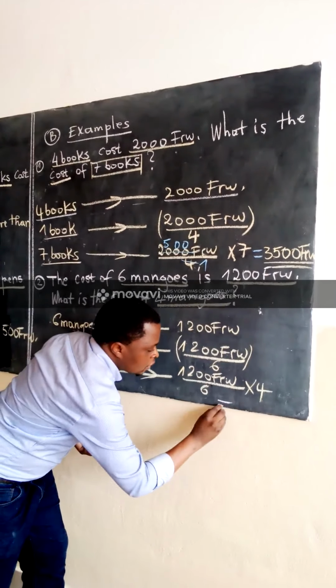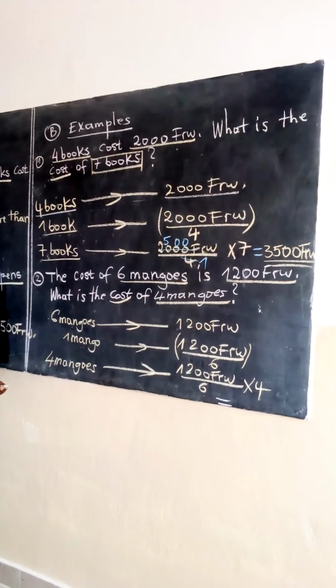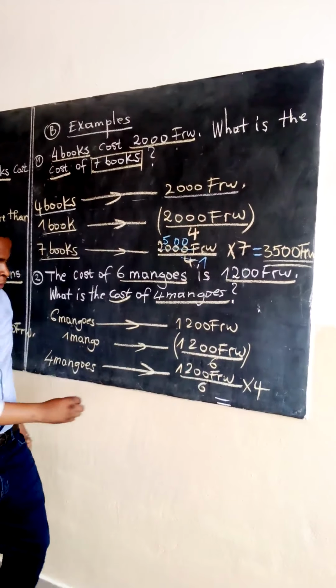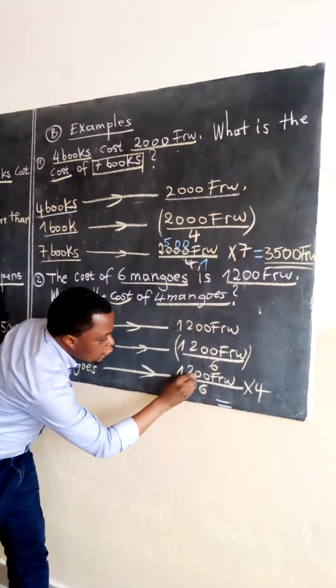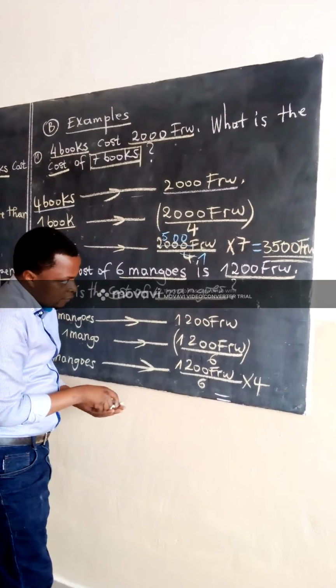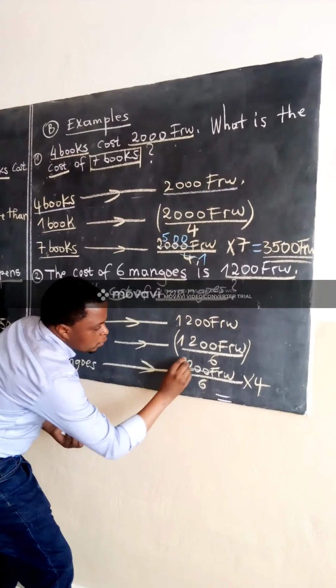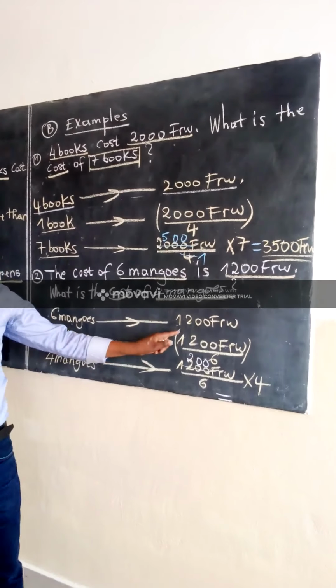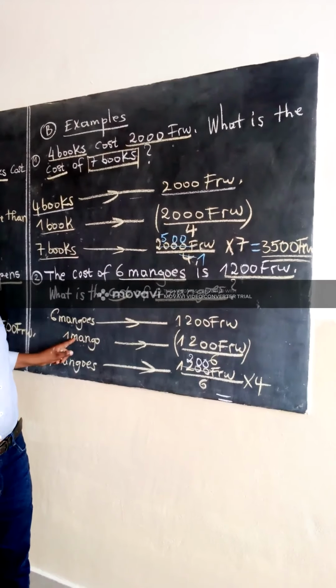Now here we use quick calculation. You know that 12 divided by 6 equals 2. Now we divide everywhere by 6. Here we will get 200. This means the cost of one mango is 200.